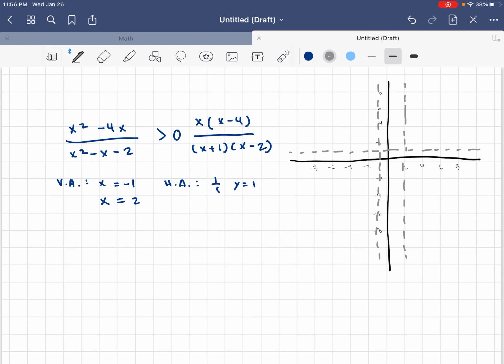Okay, so now let's find our x-intercept, which is solving for the top. And we just see from here that it would be 4, but if we wanted to check, we can just solve.